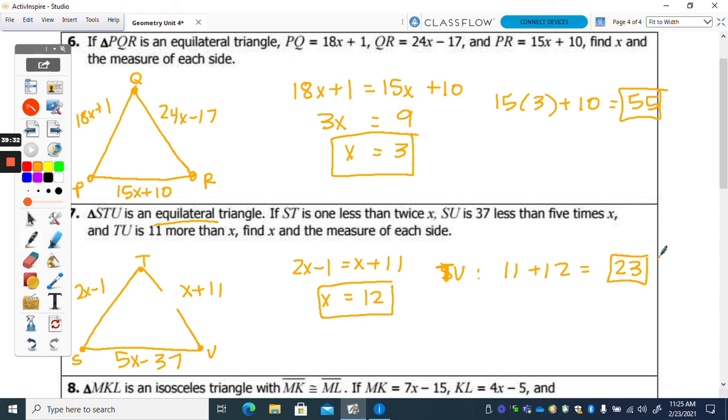Yes, Xander. I'm sorry, there's talking, and I'm having a hard time hearing you. When I read SU is 37 plus 5 times x, I can do 5x plus 3. I don't know why you think that.